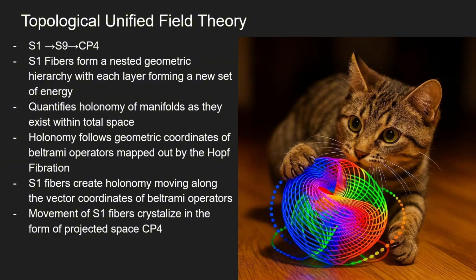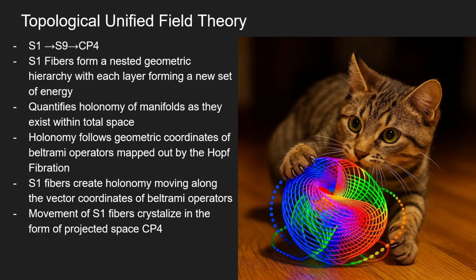The S1 fibers are what creates holonomy, moving along the vector coordinates of the Beltrami operators. So it's kind of like train rails. But these train rails are not really a linear path. It's more nuanced and complicated than just a train on some tracks.